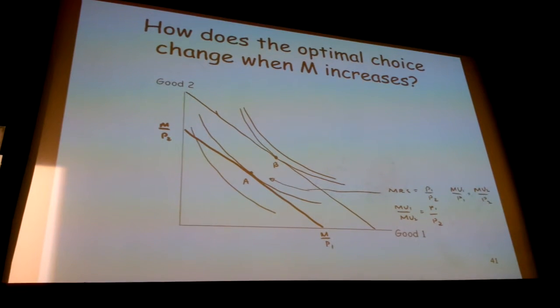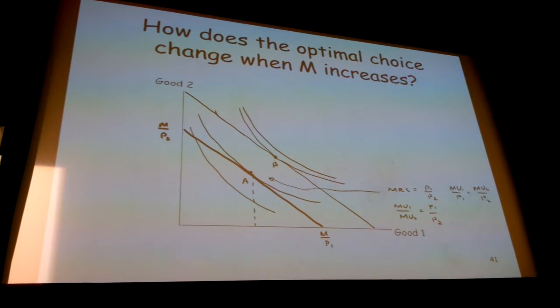Now, I actually made an assumption in drawing this picture, which I didn't mention, so I'm going to mention that assumption now. Let's look at what happened to this person's consumption of good one. They went from, I'll call this x1 prime, to x1 double prime.